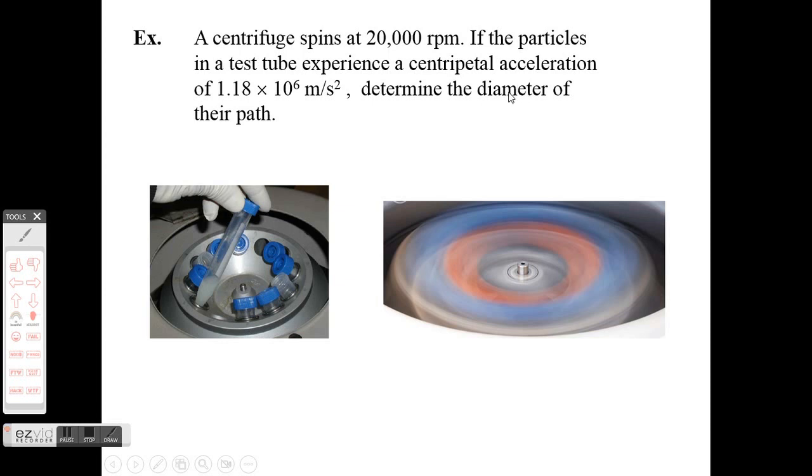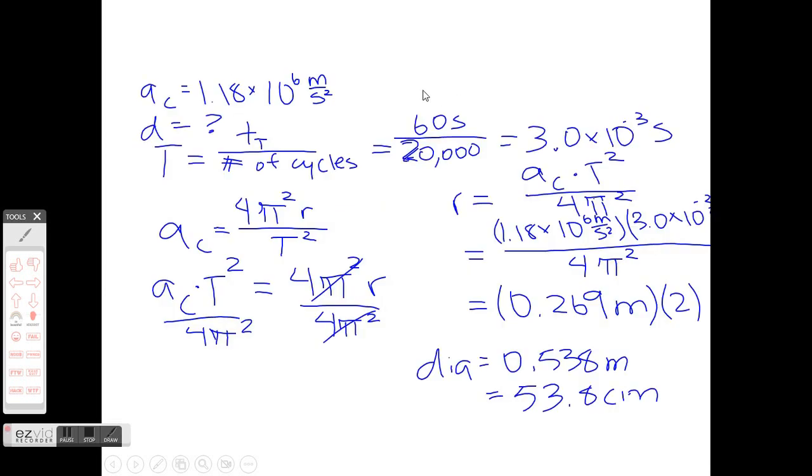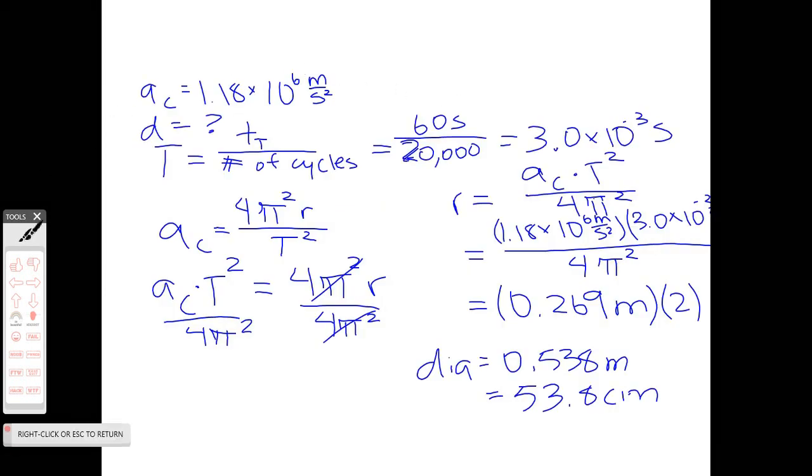Second thing, what are we given? Well, we're given centripetal acceleration, and we're given something that has to do with the period. So our period is equal to the time divided by the number of cycles, 60 seconds divided by 20,000 revolutions, which means each one takes 3 times 10 to the negative 3 seconds.